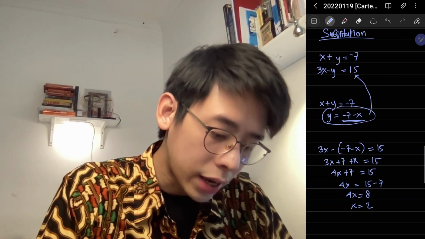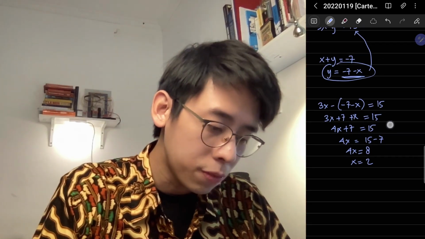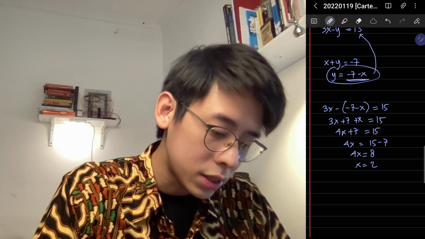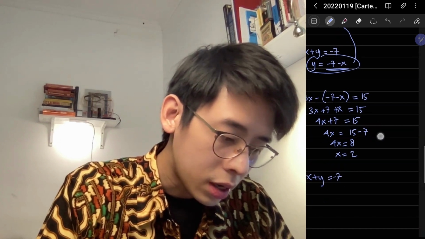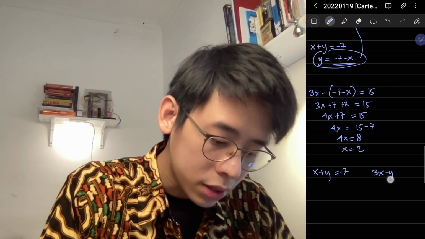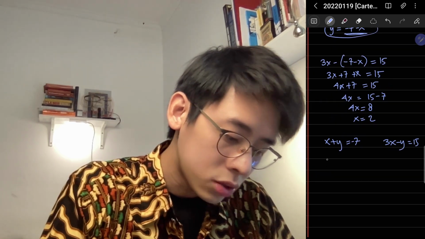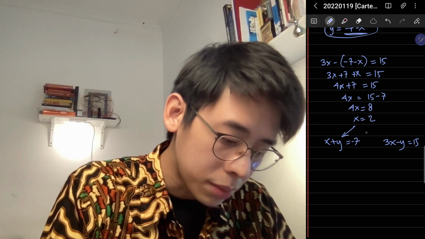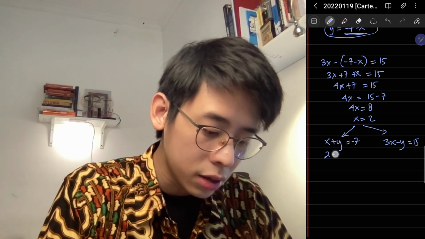Now that we have x equals 2, we can substitute this number into both equations. The result is going to be the same. So x plus y equals minus 7, and 3x minus y equals 15. Whichever equation we put it in, it's going to be the same.